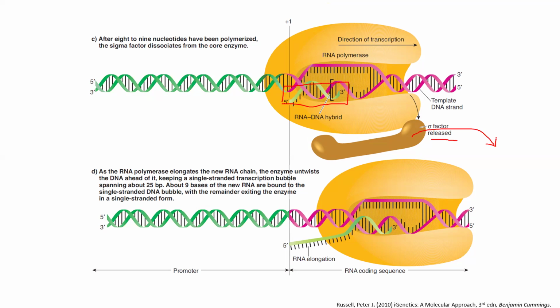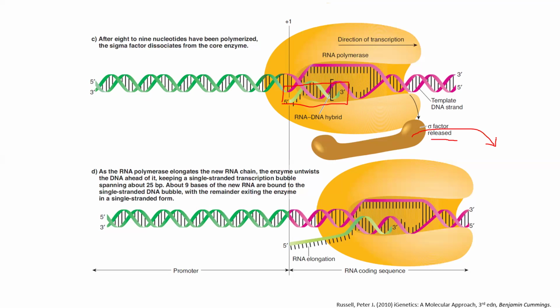Sigma factor is involved in initiation of transcription because without sigma factor, the core enzyme can do the transcription, but it can start from anywhere, resulting in incorrect mRNA, and then it won't be functional. So sigma factor helps the RNA polymerase recognize those -10 and -35 sequences, and it reduces the non-specific binding of the RNA polymerase. It helps RNA polymerase bind only at promoters.